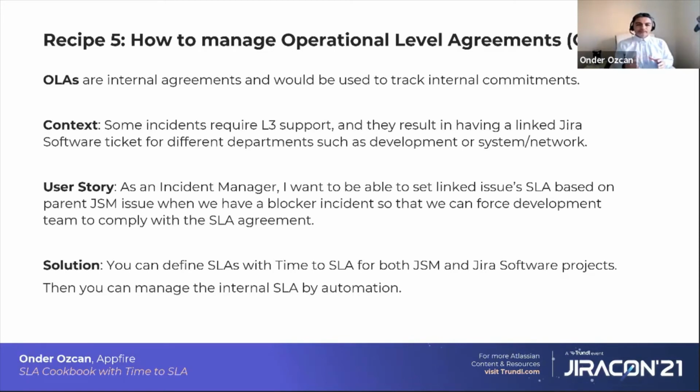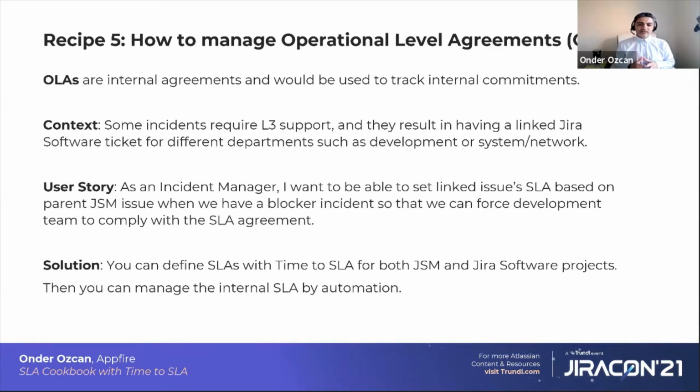So, a bit of context here. Some incidents for this particular example require level 3 support, which is really common, right? And they end up having linked Jira Software tickets, Jira Software issues for different departments, such as the development team or system network team.